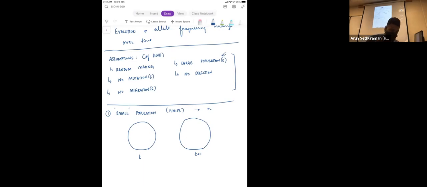Okay. So here, let's write down some stats. Let's say P_t of the A allele is p, and say P_t of the G allele happens to be q. And in this case, this is just equal to N_AA.